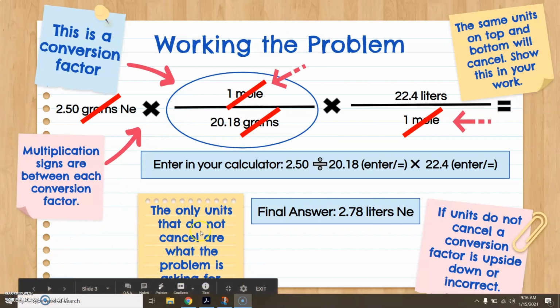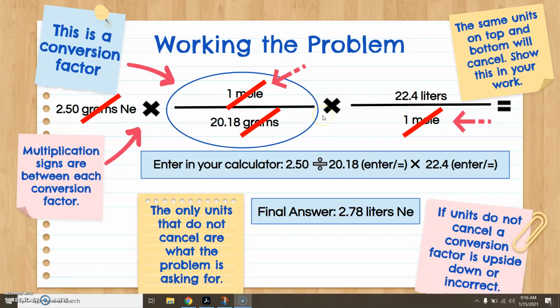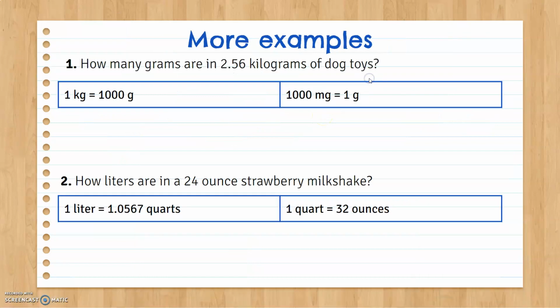All right, so definitely try that on your calculator, see if you get it right. All right, let's see another example where you can kind of try one of these on your own. So we've got more examples. Like how many grams are in 2.56 kilograms of dog toys?